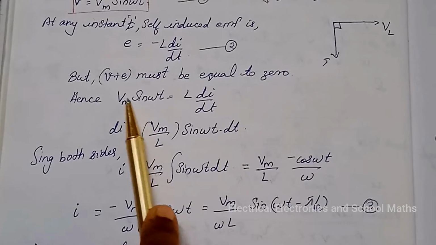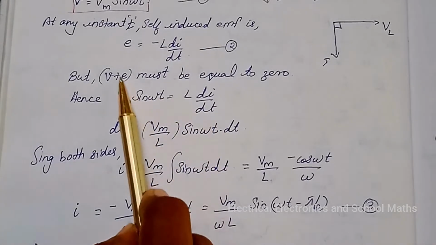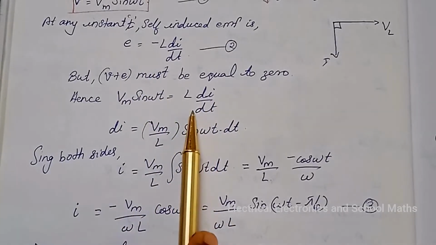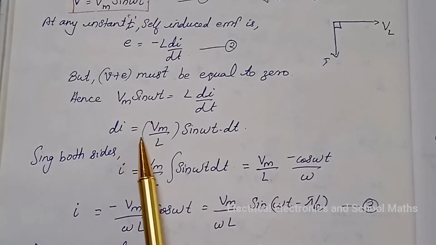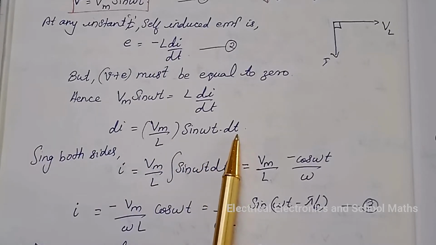So we can write Vm sin omega t equal to L into di by dt. Here E is negative, so we get it like this. From this, take di to this side, then di equal to Vm by L sin omega t into dt.